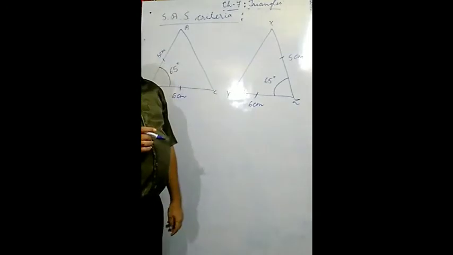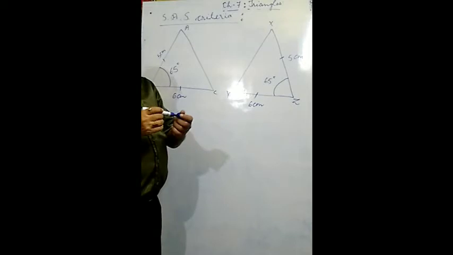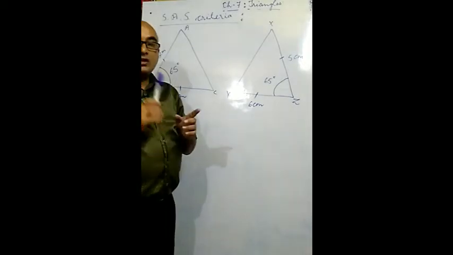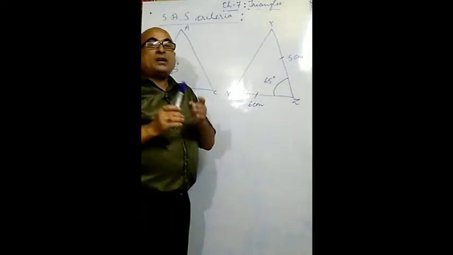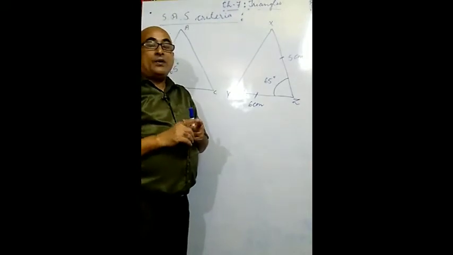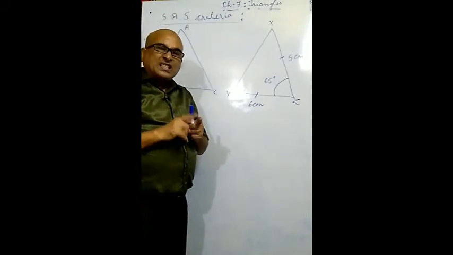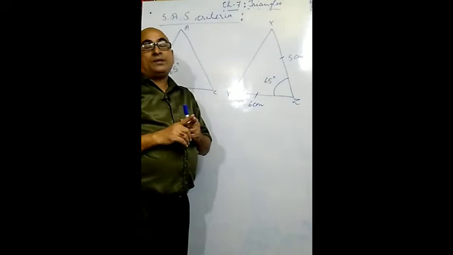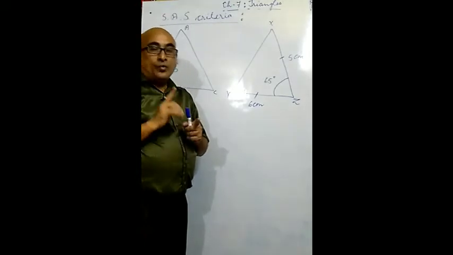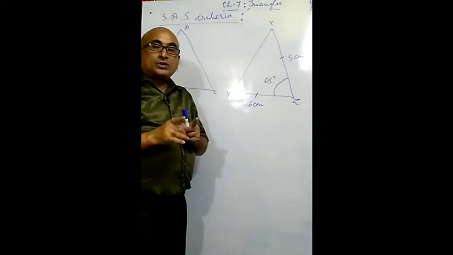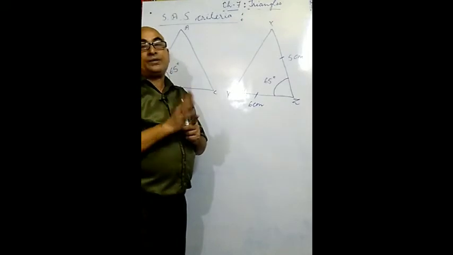Certainly this one will be wrong. We have to follow the track. Try to follow. We have to follow the track of the first triangle. The same track should be followed in the second triangle also. Only then are both the triangles congruent.